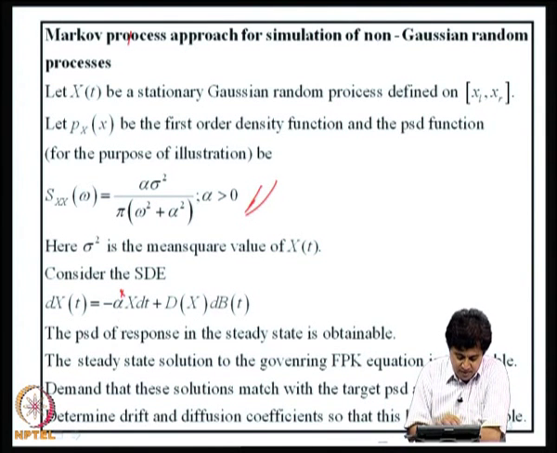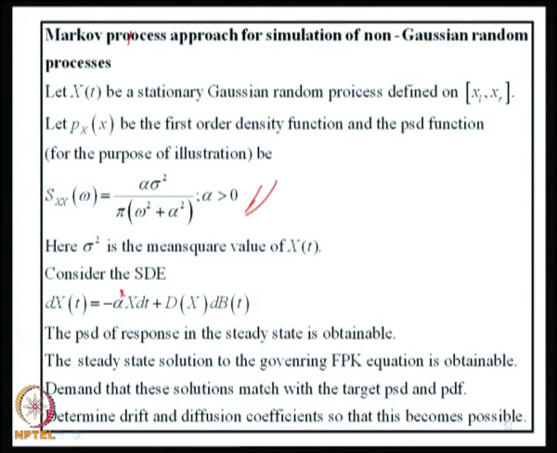For this problem, the steady state solution to the governing Fokker-Planck equation is obtainable. For first order equations, I showed already that you can solve the Fokker-Planck equation in the steady state. Now, what I do is I demand that if I were to obtain the steady state solution of this equation on first order probability density function, it should match with this p_x of x. And similarly, if I compute the power spectral density function in steady state, it should match with this.